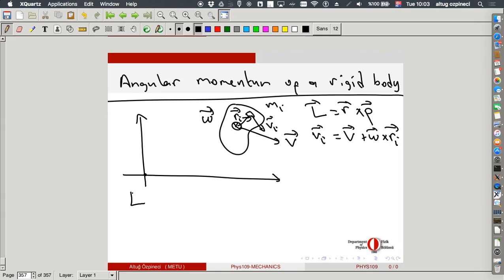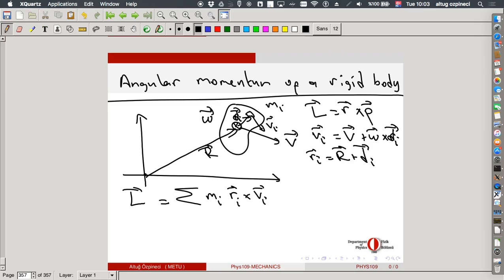Well, then we can write the angular momentum of the system. This is just mi r cross vi, or ri, sorry. Let me change the notation a bit. Let me call this di, and ri is the position relative to this object. This is my r. ri is r plus di. I'm writing the angular momentum relative to the origin of my reference frame.